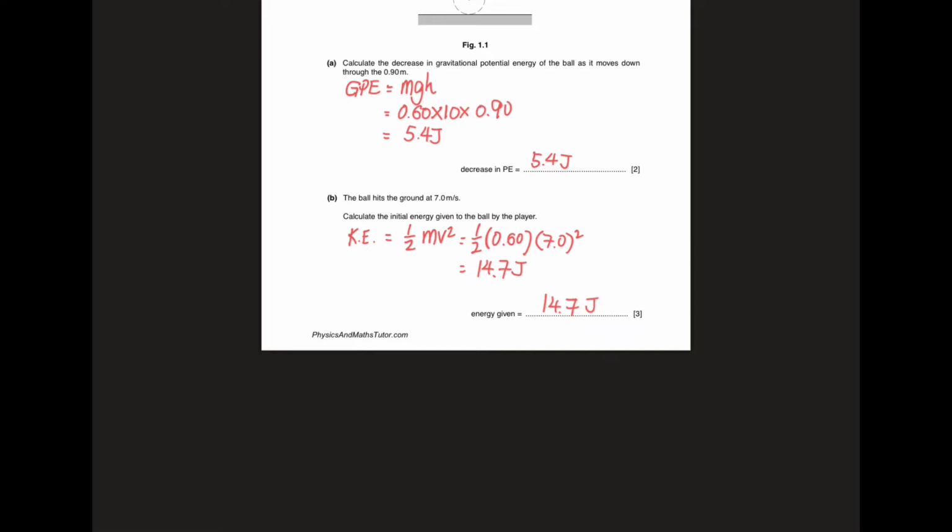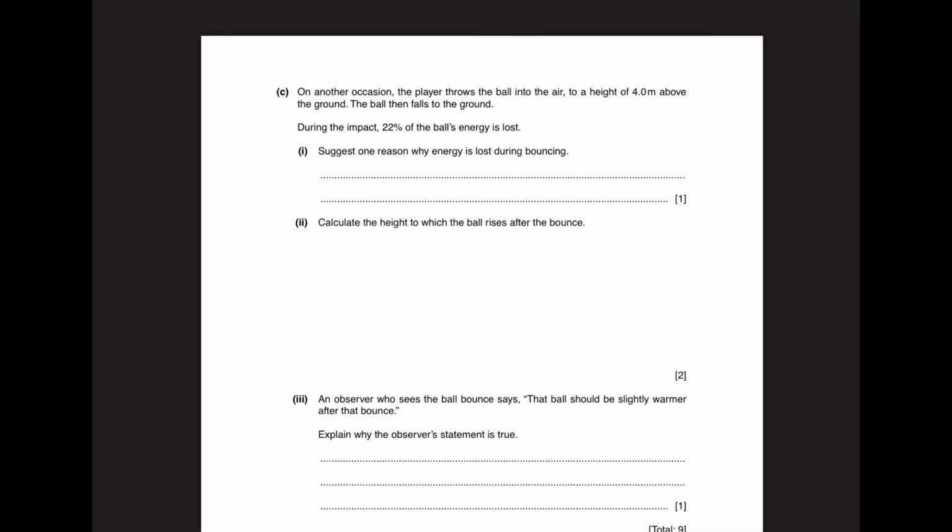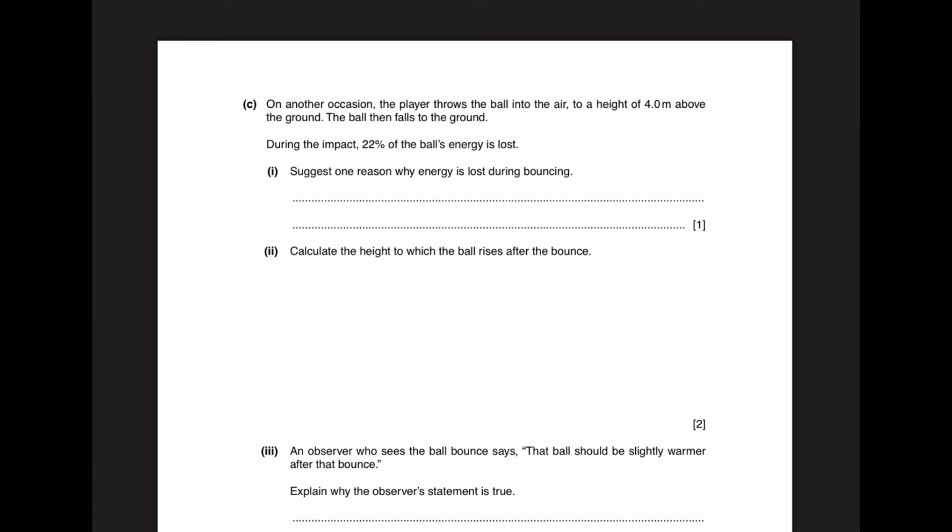Okay, so now let's look at the next page. Part C. On another occasion, the player throws the ball into the air to a height of 4.0 meter above the ground. The ball then falls to the ground.